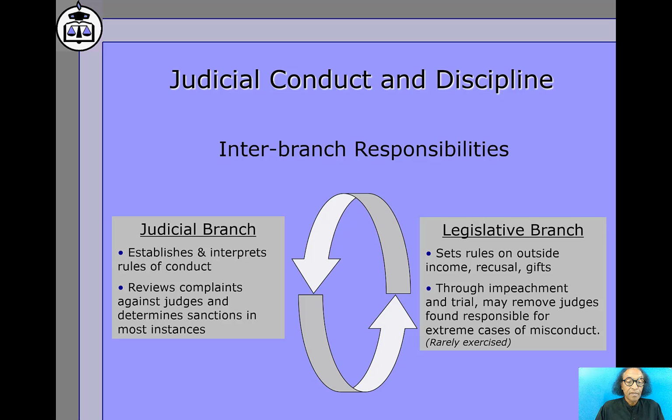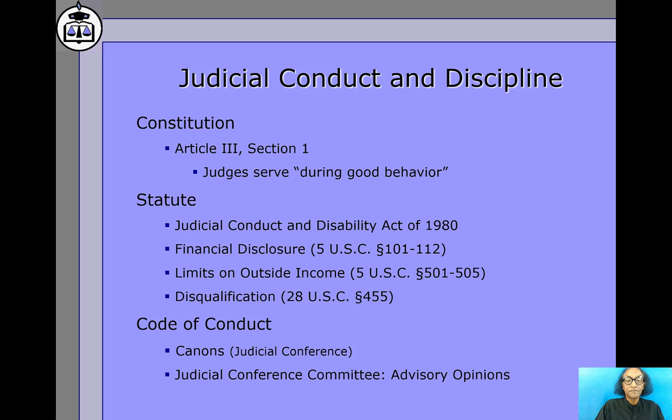And so the judicial branch has its own rules of conduct, and it reviews complaints against judges and determines sanctions in most instances, up to and including impeachment. Also, Congress sets rules on outside income, recusals, and gifts. And ultimately, of course, if a judge commits an impeachable offense, it will go to the Senate for final determination.